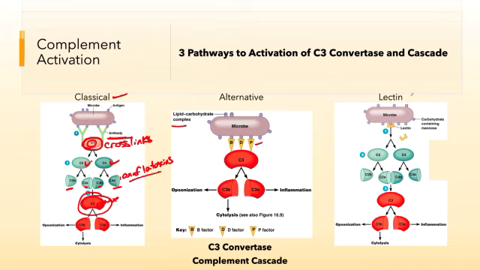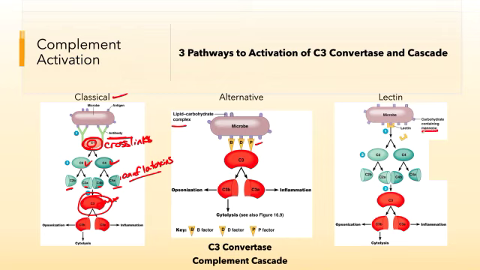Then we have the lectin pathway, and in the lectin pathway, the liver produces some additional proteins known as lectins, and these lectins recognize particular molecular lipocarbohydrates that contain mannose. Mannose is a sugar used in a lot of the carbohydrate signaling molecules found on the surface of bacteria.